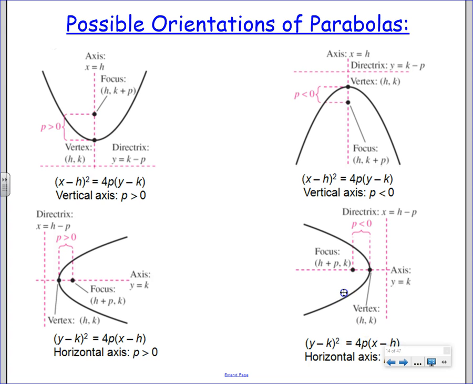Now, pause. Don't write. Pause. Some people might do better on the test if they memorize this whole page. But didn't we just figure out 2 problems given information without having all this memorized? They gave us a focus and a vertex.